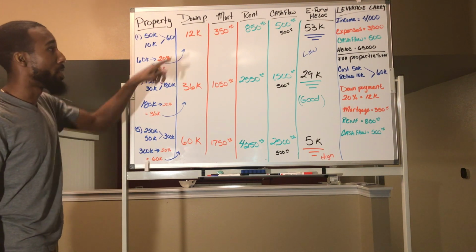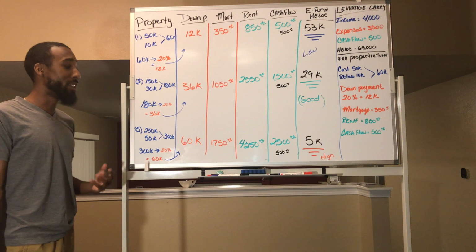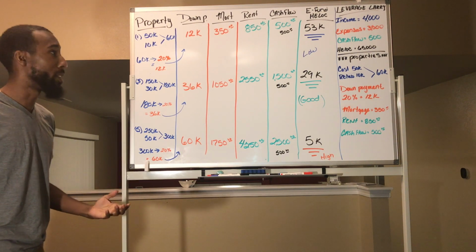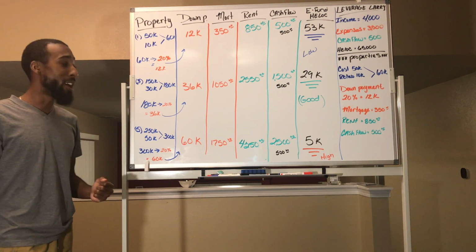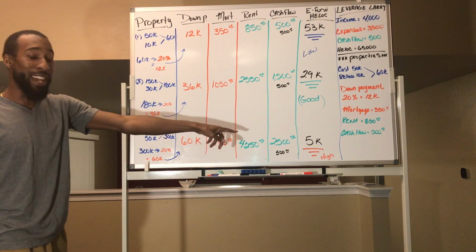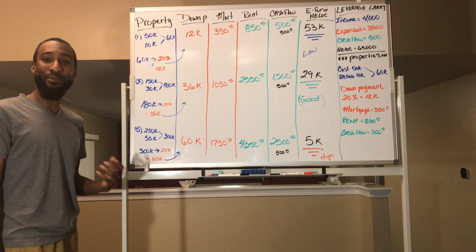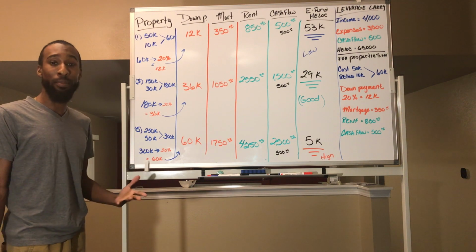Now remember, we have to put 20% down on that $300,000. So 20% is $60,000. So since we did $60,000 out of the home equity line of credit, our mortgages for these houses, so $350 times 5 is $1,750 per month. Your rent is $4,250 per month that you get from all the tenants. Now your cash flow is $2,500 a month because you bought 5 properties.